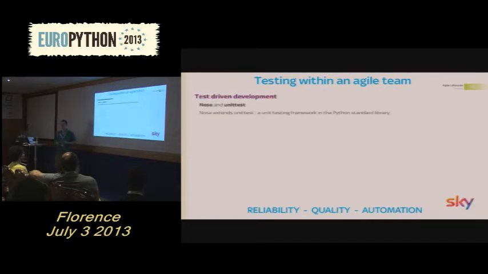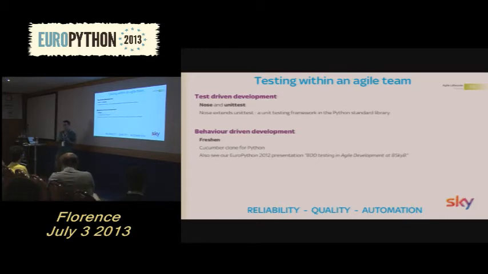So I've explained test-driven development, and for unit testing, we use the nose and unittest Python packages. We'll show you what that's like later during our demo. We also use behavior-driven development. For those of you that may not have worked using behavior-driven development, this is where we write tests in the form of: given a user goes to a login form, when they type username and password, then the user will be logged in.